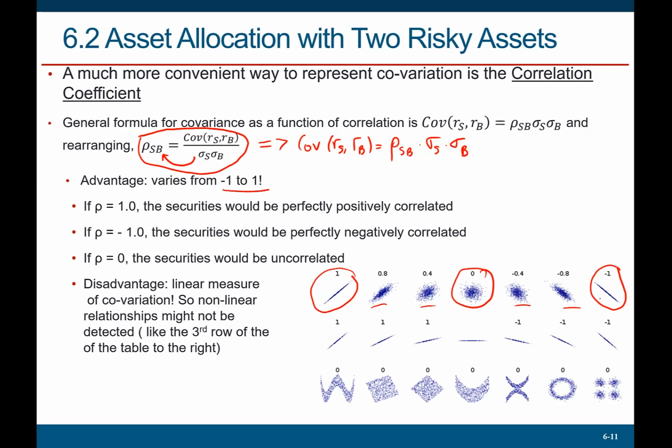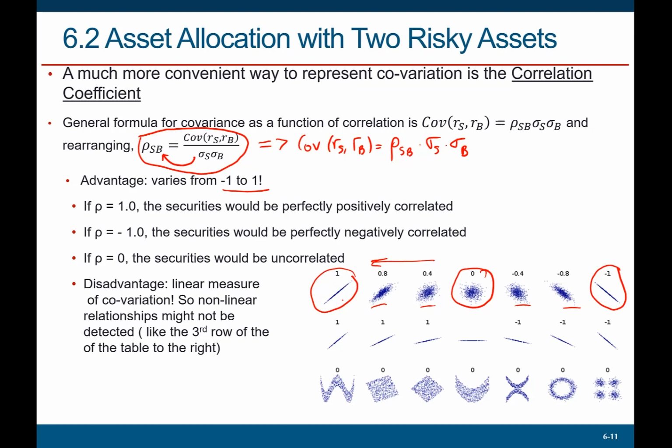So the blob of points basically tells us there's no relation, but when the blob of points starts to take shape, like an ellipse or even a straight line, that tells us that whatever happens to one asset, we can predict what's going to happen to the other. If one goes up and the correlation becomes more and more positive, the other one will tend to go up more and more frequently. And in the case of a correlation of +1, the relationship is one-to-one. Basically, whenever one goes up, the other one will go up as well.